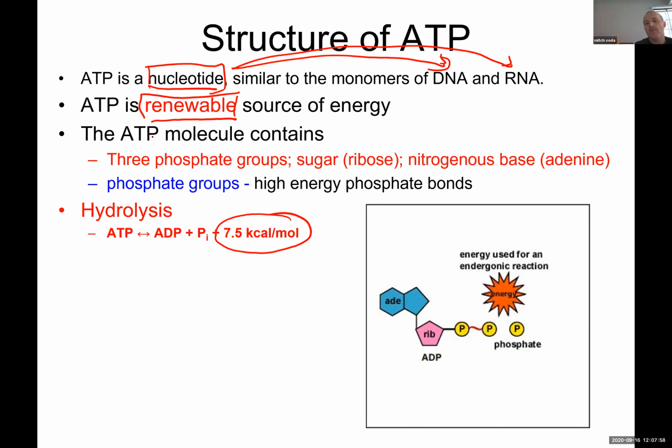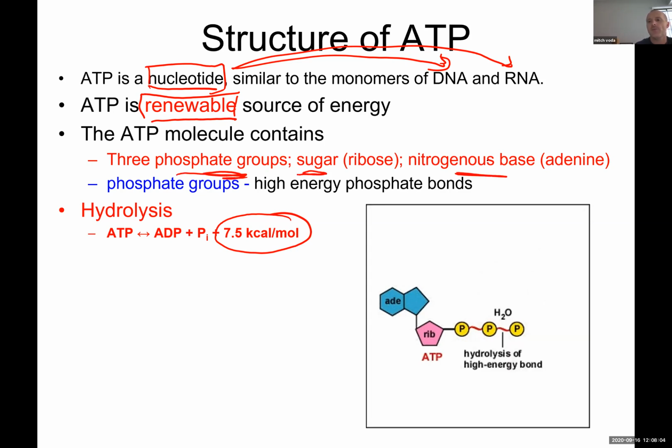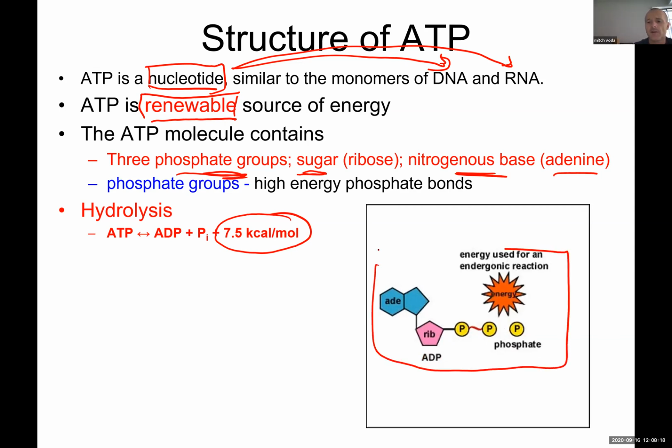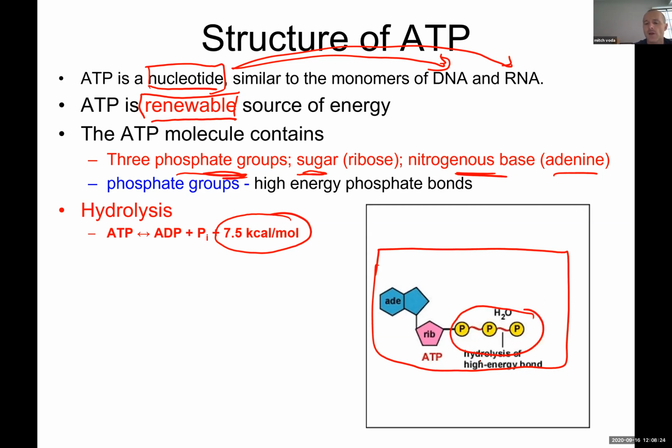Now, ATP is made up of sugar, phosphate, and nitrogenous base, exactly like the nucleotide. The interesting part is there's a little bit of difference right here. That nitrogenous base right here is adenine. So this ATP molecule has 3 phosphates versus 1 phosphate that's found in the nucleotide.